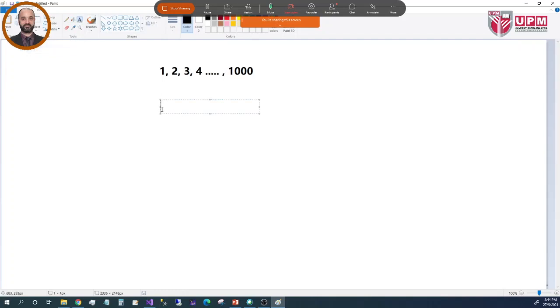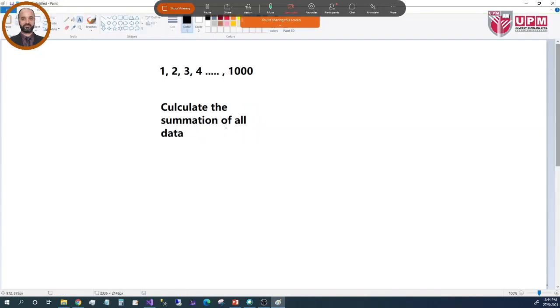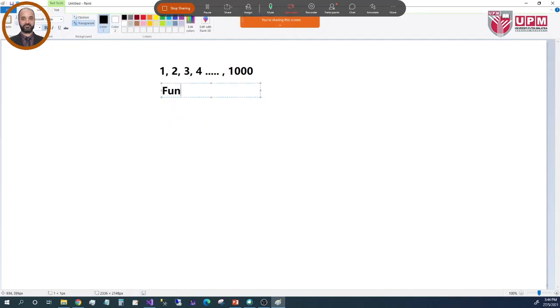The first task, function 1, is to calculate the sum of all data.